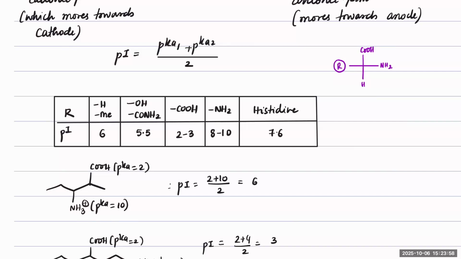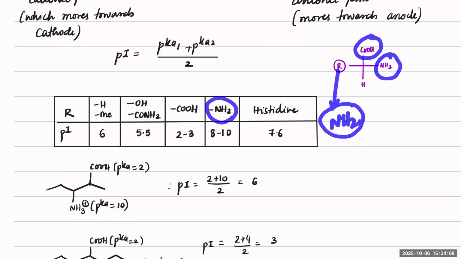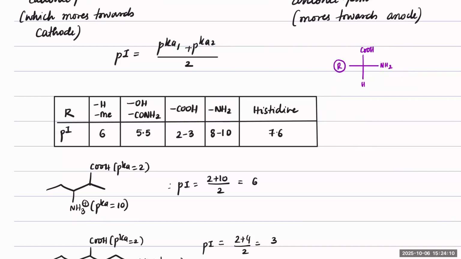And now, if you have an extra NH2 group in this alkyl group, then there are 2 amines versus 1 acid. So this will become a basic amino acid. For basic amino acid, the pI value ranges anywhere from 8 to 10.